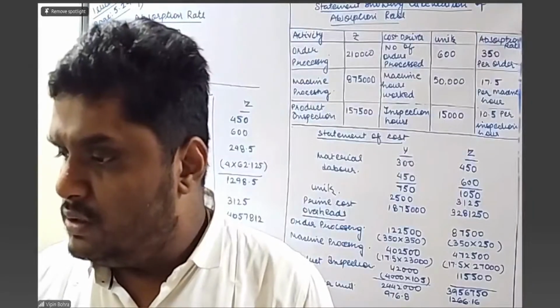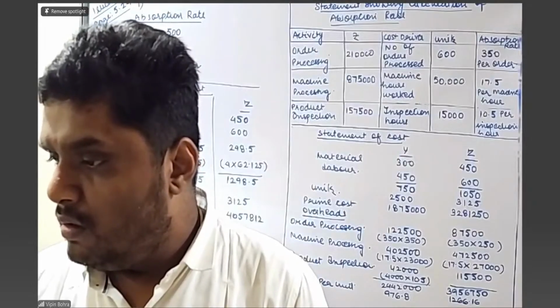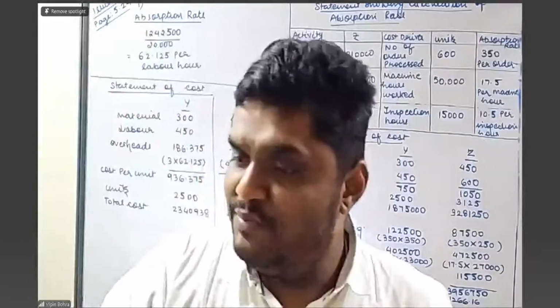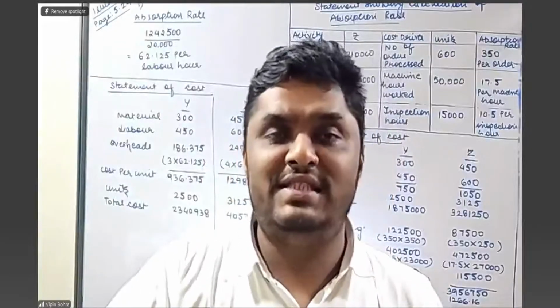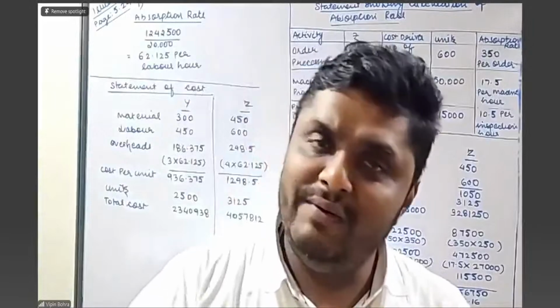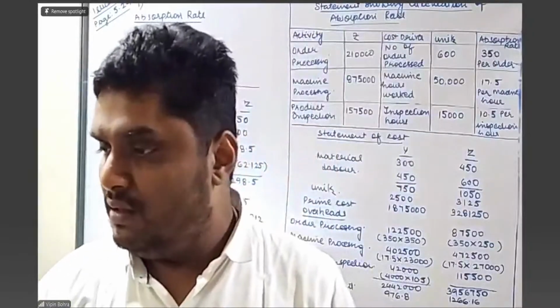Medha, any doubts? See, again, I'm following the instructions that are given in the question. The question is asking me to prepare the statement as per traditional and activity-based costing. That's why I'm preparing as per traditional and activity-based costing, Vedant.